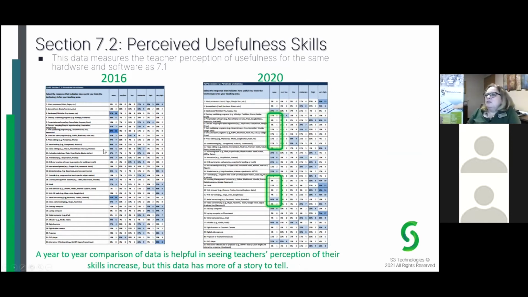Again, we really wanted them to start to see the importance of it. You can see here, a lot were ranked as none, like there's no usefulness to it. A lot of that has changed by 2020, and they're really starting to see how useful it is in the classroom and how it can actually impact the students' learning. So that's a big ideological shift for the teachers.